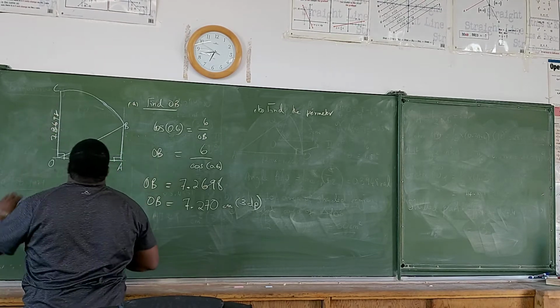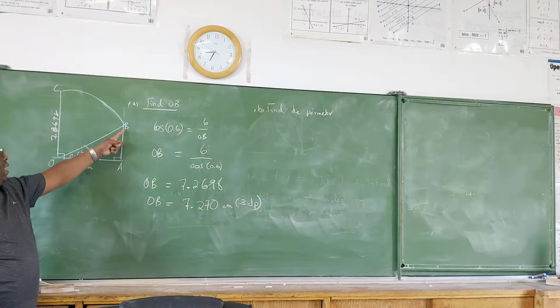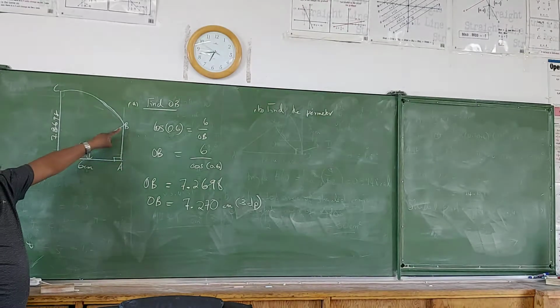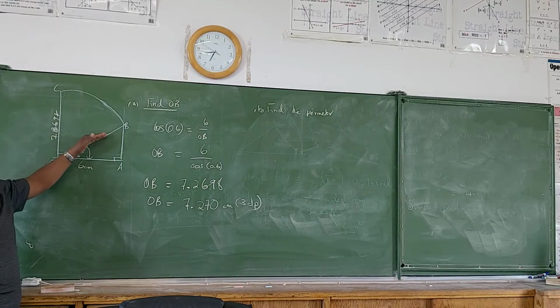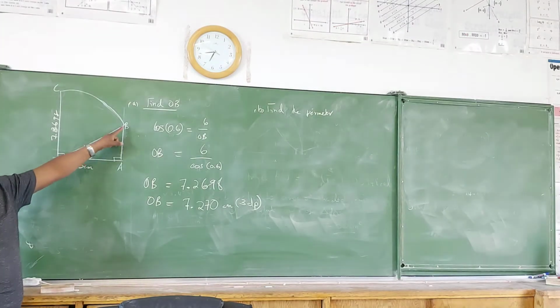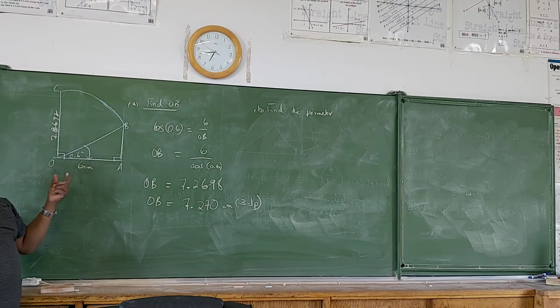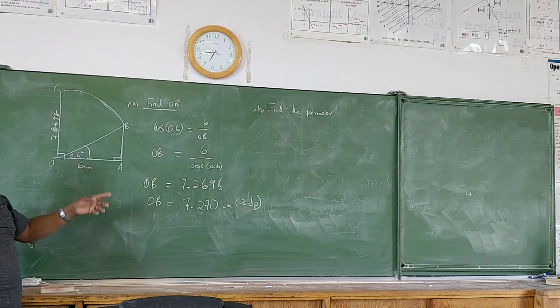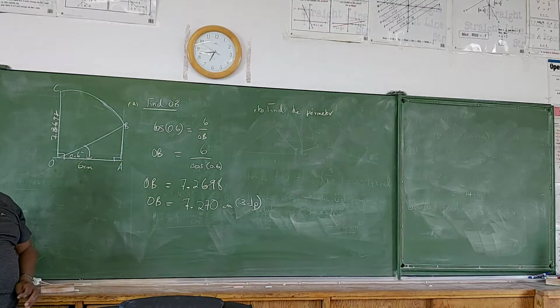I know that one, I know this one. I have 2 things that I must do. I must find this distance here. Now, if I have this distance, I can use the theorem of Pythagoras to find AB. That means I'll take 6 squared, subtract it from this 7 point something squared. But I'm not going to use the theorem of Pythagoras.